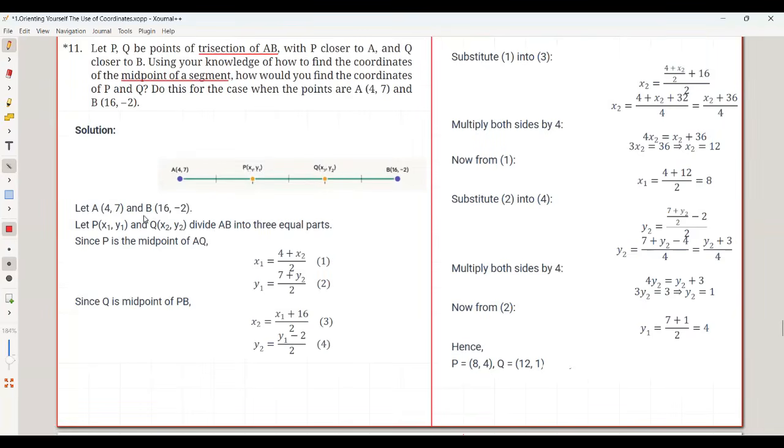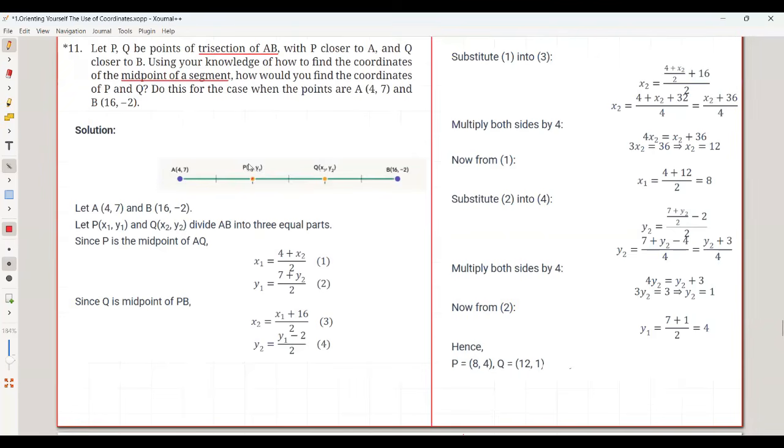I'll just quickly explain. Let A be given, B be given. P and Q divide it into 3 equal parts. Since P is the midpoint of A and Q, we can take it as P is the midpoint of AQ. So we're going to use the midpoint formula. We take P as x1 comma y1.